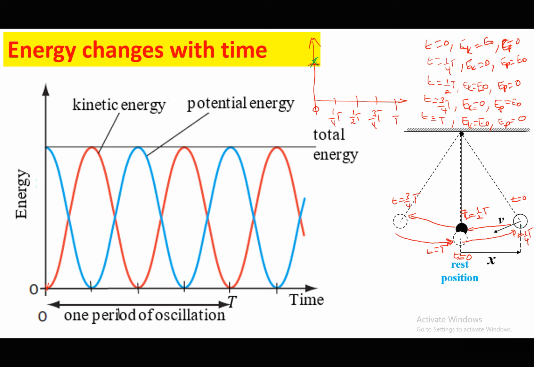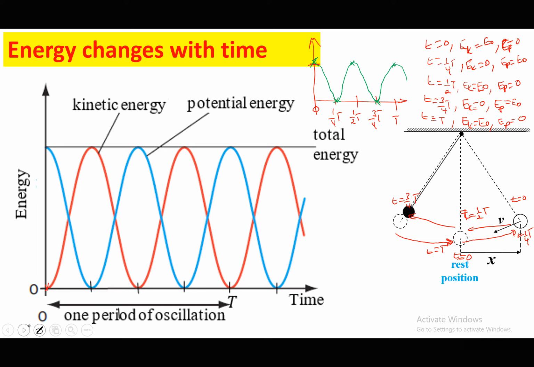Then at a quarter, the body goes to the highest point, kinetic energy goes to 0. Half a cycle, it comes back to equilibrium, kinetic energy goes back to maximum. 3/4, it goes to the highest point, kinetic energy goes to 0. A full cycle, it comes back to equilibrium, kinetic energy goes to maximum. So the graph would look like this. This is just a sketch. So it continues like that.